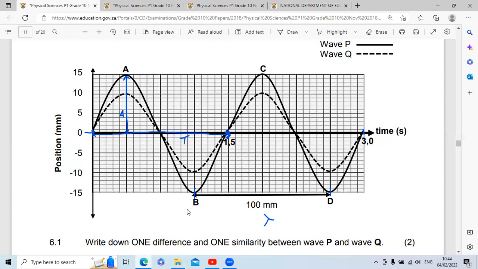So the one that is different is the amplitude, and now we have to find one which is similar between them. What about our period and wavelength? Are they similar between wave P and Q?